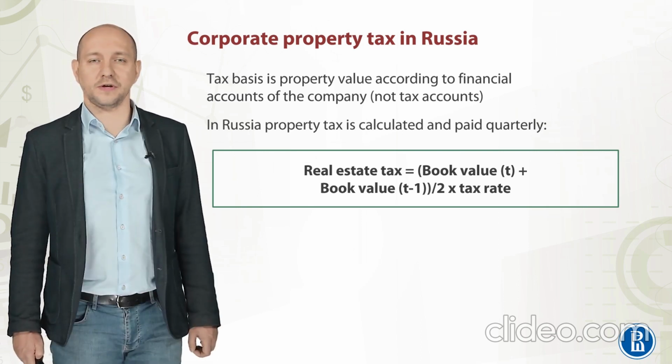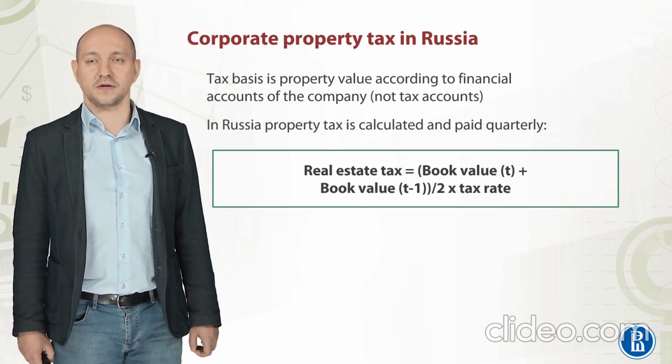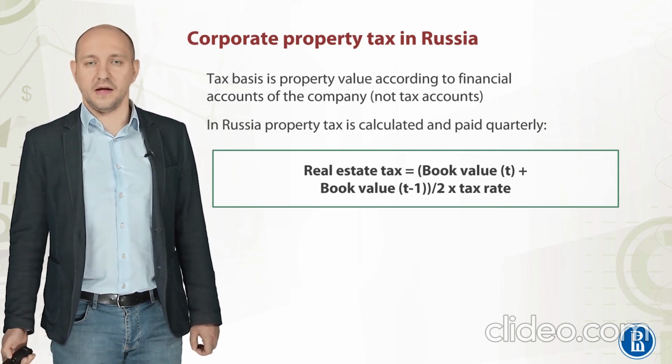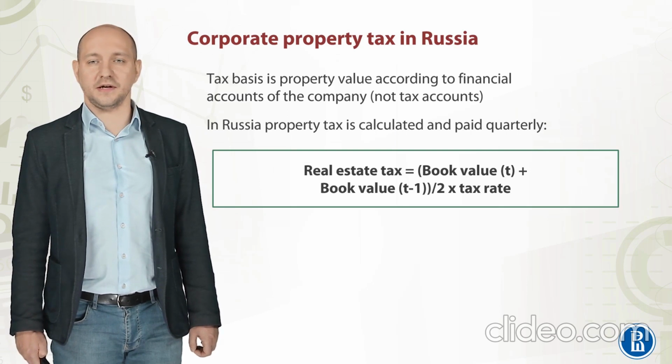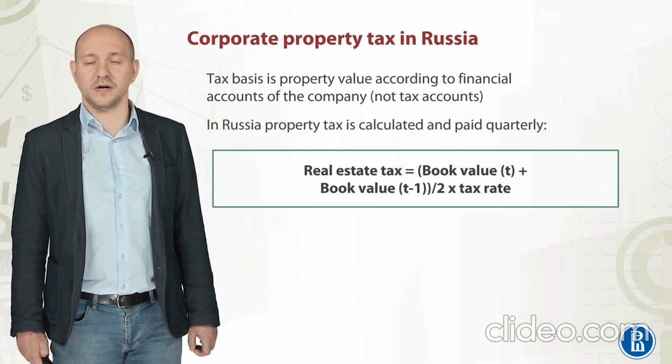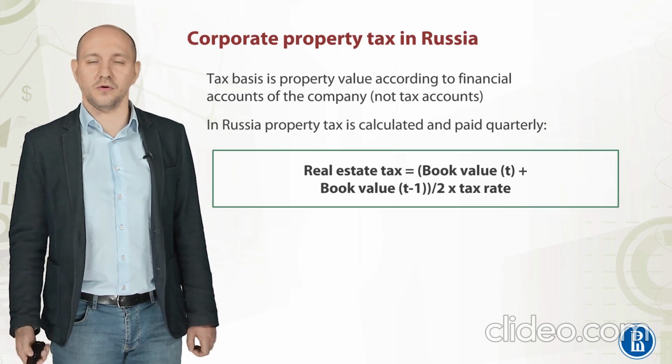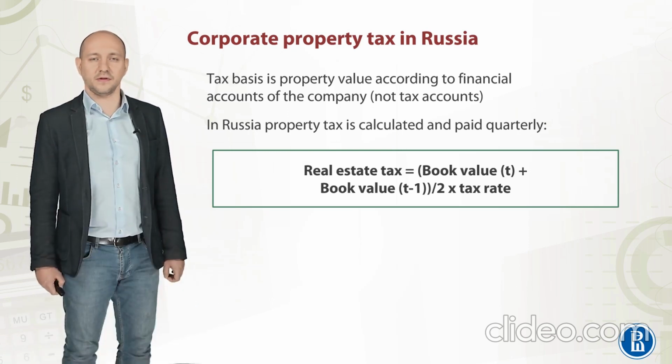That's how you can calculate real estate tax in the case of a company in Russia, for instance. The same way you can project it in financial models. You need to understand how property tax works in the specific country where the company is present, and then you need to follow the rules of taxation that are specific for the country.